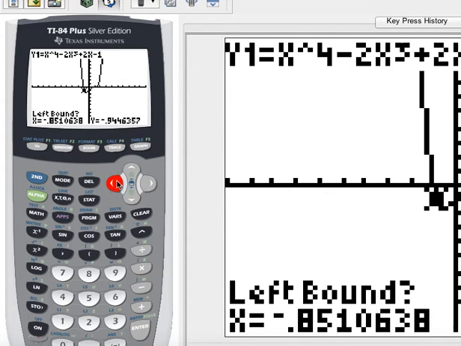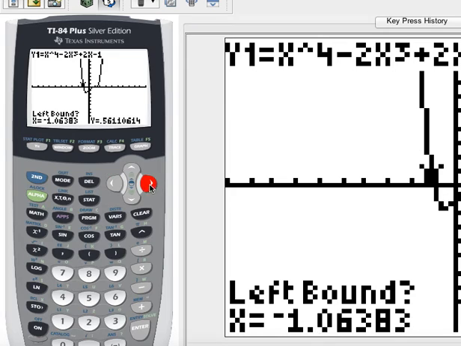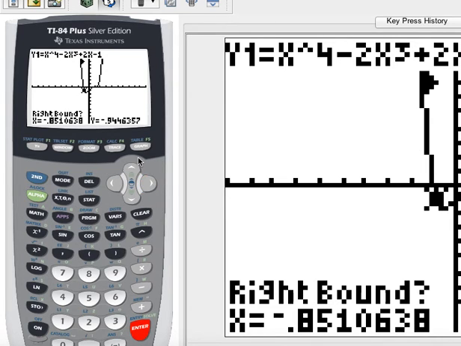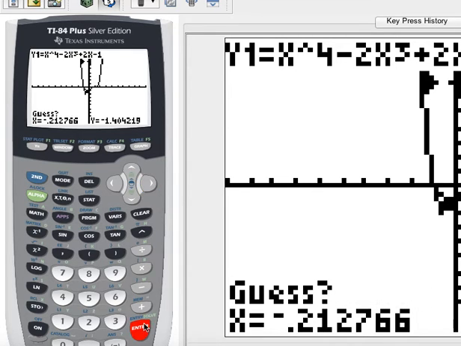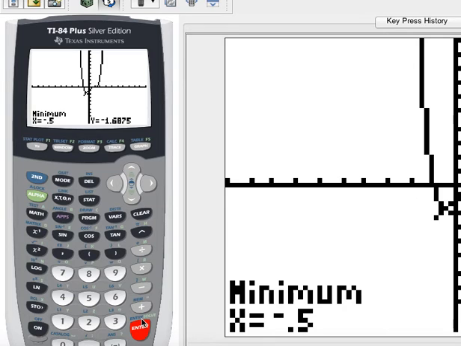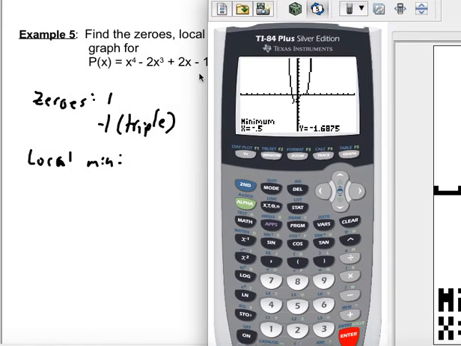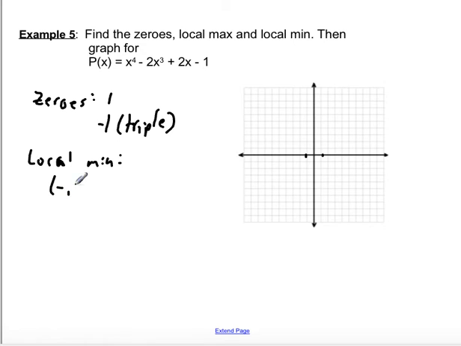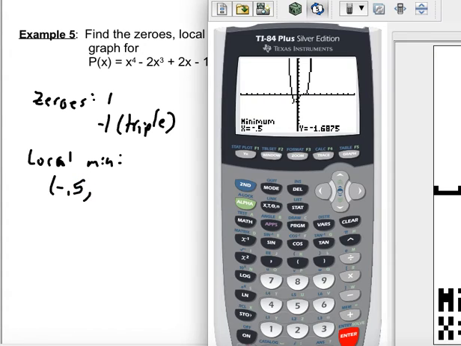Surround your point there. Oops. It's going to tell us it's down there at negative 0.5 and negative 1.6875.